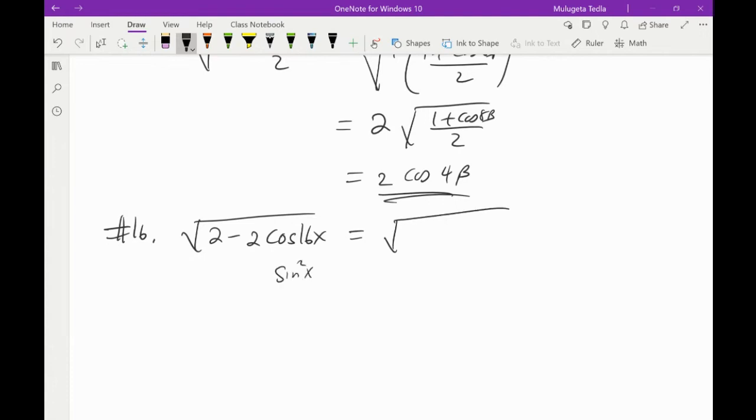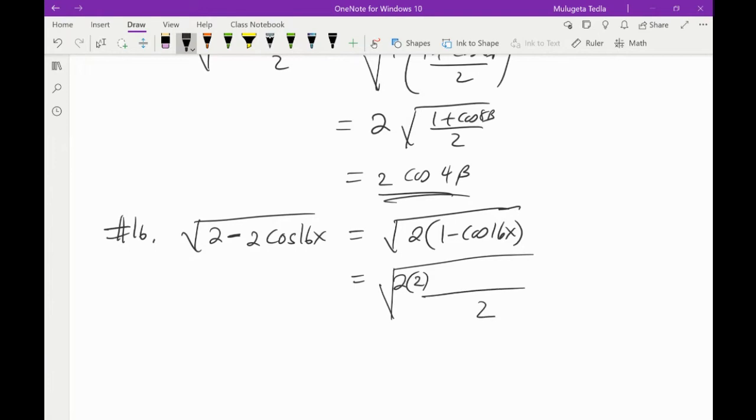The inside, or just simply the sine, if it's adjusted somehow because of the minus. So therefore, this is 2 into 1 minus cos of 16x. That's the first adjustment. Second adjustment, I need a 2 in the denominator. So I multiply the top by 2 and then divide by 2, the same of 1 minus 16x.